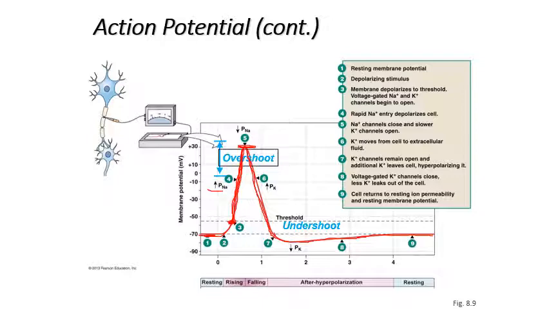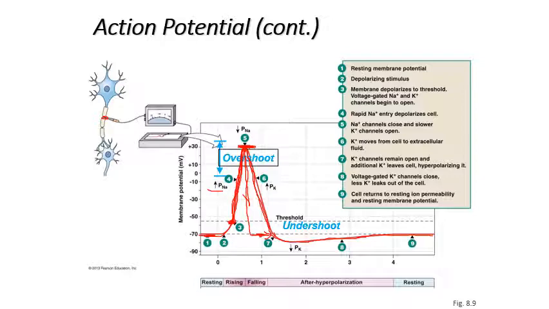The other thing to watch out for is here is where that inactivation gate comes into play. And if you remember, those voltage gated sodium channels, when that inactivation gate is in play, they can't reopen. So there's a period of time, from here to say here, in which the sodium channels at this position are inactive.